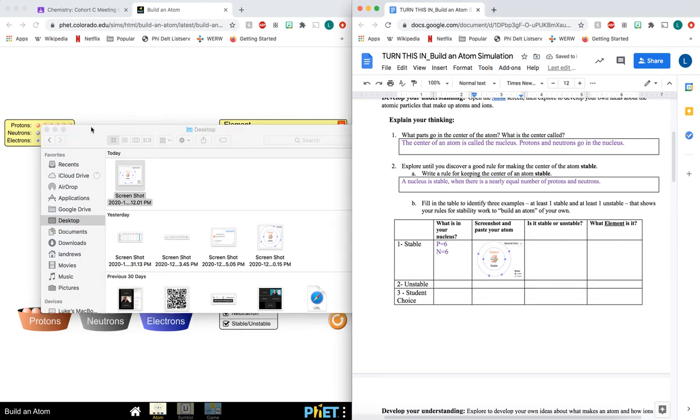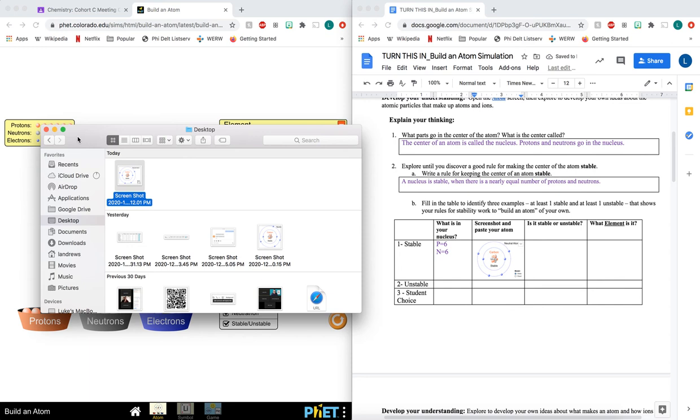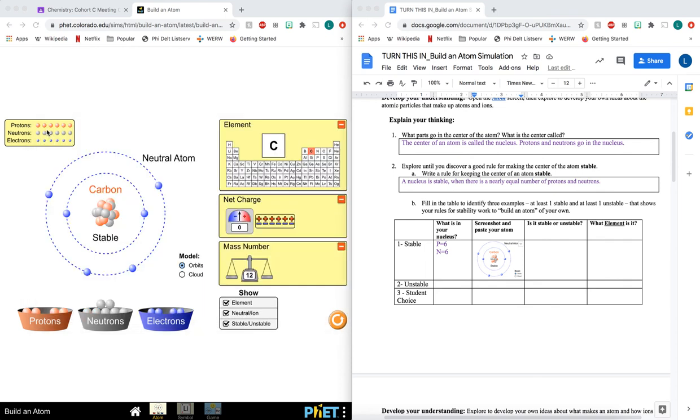Boom, screenshot, done. If you are on a Windows machine, you're going to use the snipping tool, which will be in your start menu, which is a really nifty screen grab tool that's really easy to use and intuitive. And if you're on an iPad, you're just going to take screenshots, and they'll be in the camera roll of the device.